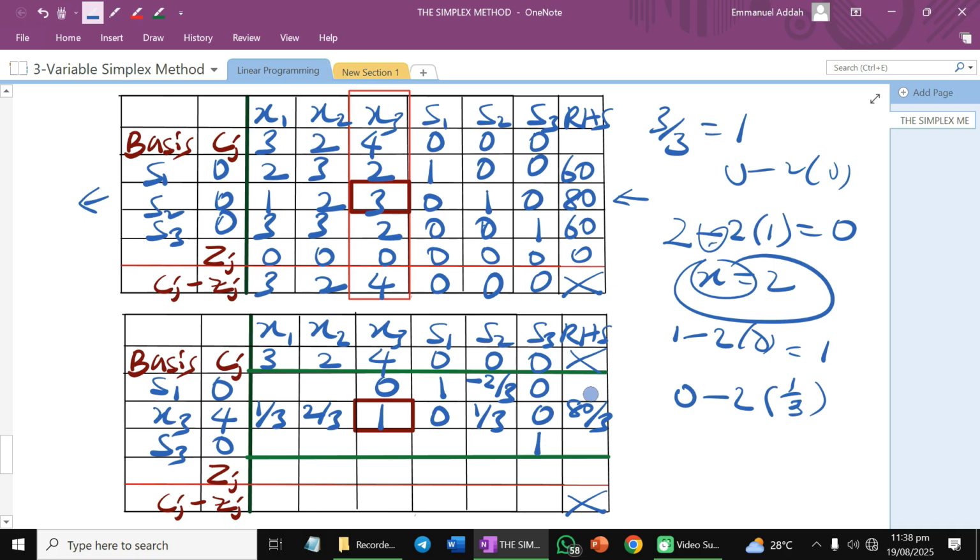And now come here, here there will be 60 minus 2 times 80 over 3. That will give us 60 minus 160 over 3. LCM will be 3. 3 times 60 will be 180, minus 160. That will give us 20 over 3. So here is going to be 20 over 3.